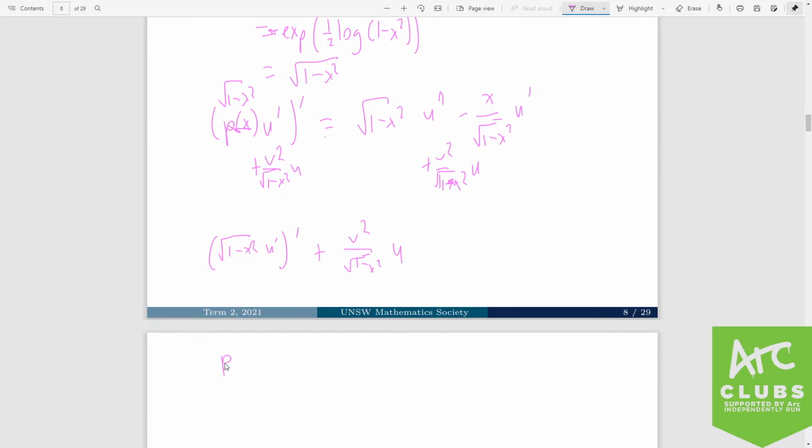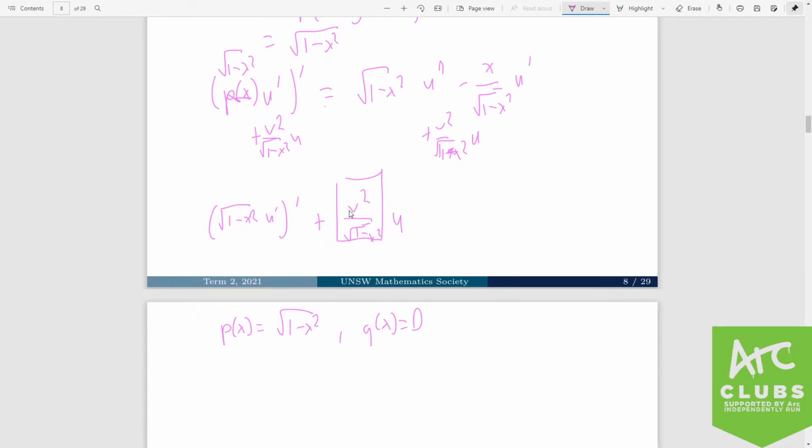So then p(x) equals square root of 1 minus x squared. q(x) is equal to 0. So this is equal to lambda r. So we let lambda equal ν squared. And r(x) is equal to 1 over square root of 1 minus x squared.